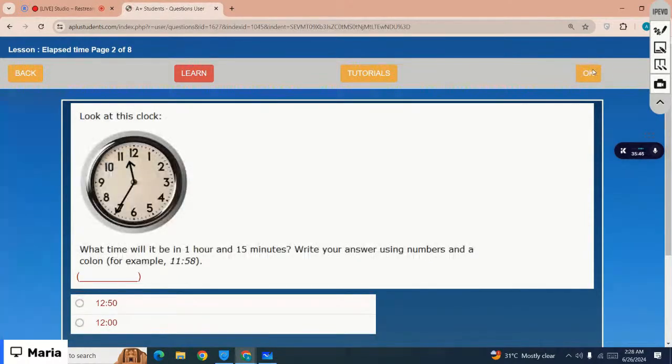Look at this clock. What time will it be in 1 hour and 15 minutes? Which is the correct option?